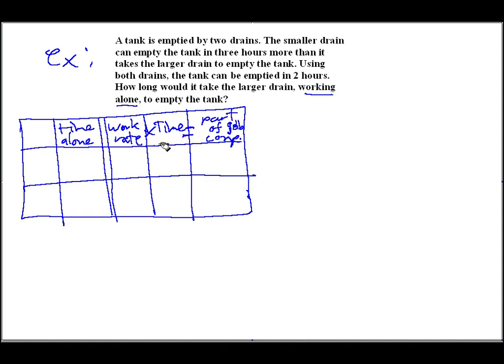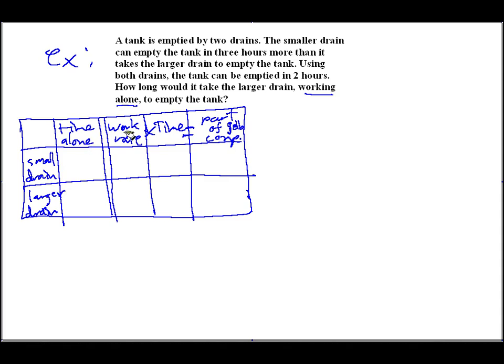Remember this equation here from 9.7 homework. What 2 parties here are working? Well, we have the small drain and the larger drain. It's hard to fit into the table here, but do the best you can.